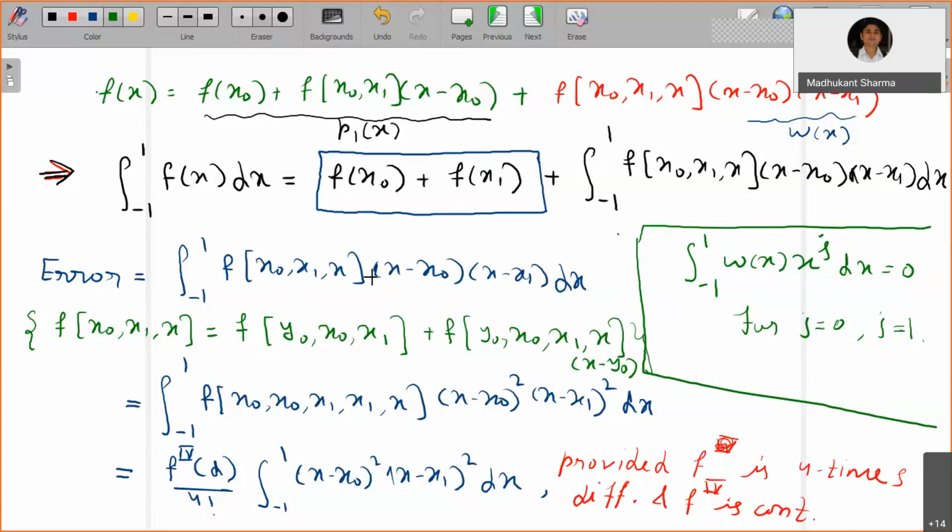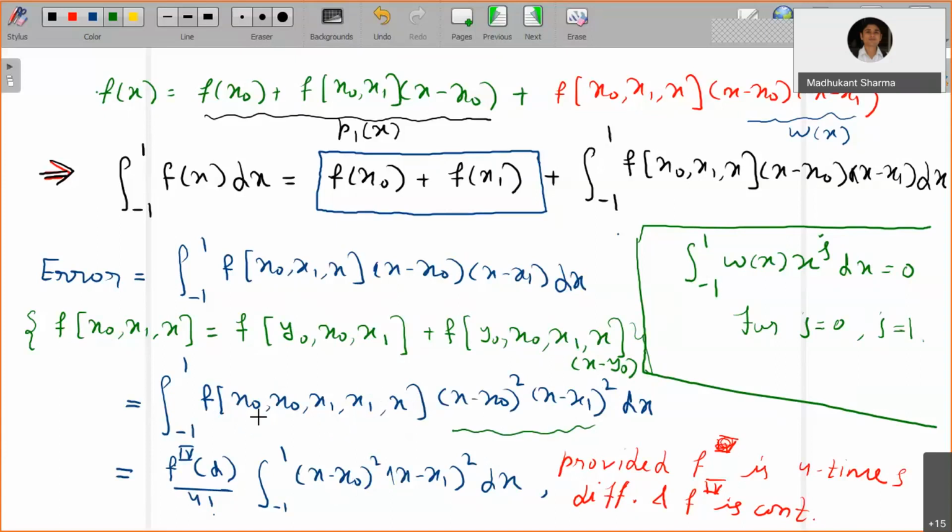But once you have chosen y naught equals x naught and y1 equals x1 in the recurrence formula, this is a square term, which always remains greater than or equal to 0. This divided difference remains continuous whenever you assume that f is four times differentiable and continuous. Then you can apply the mean value theorem.